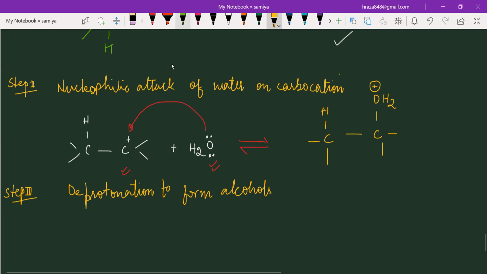What happens in this series, oxygen will take one electron from hydrogen and this will attack here. So you get carbon, this.